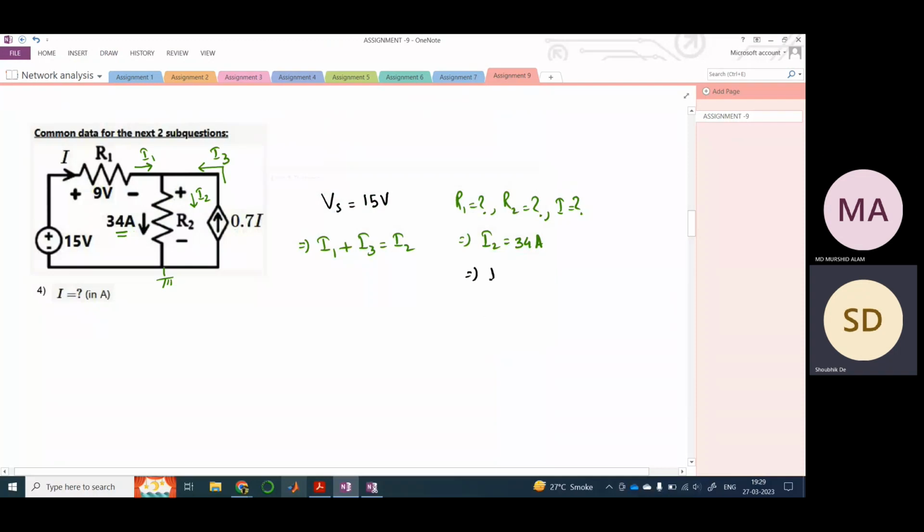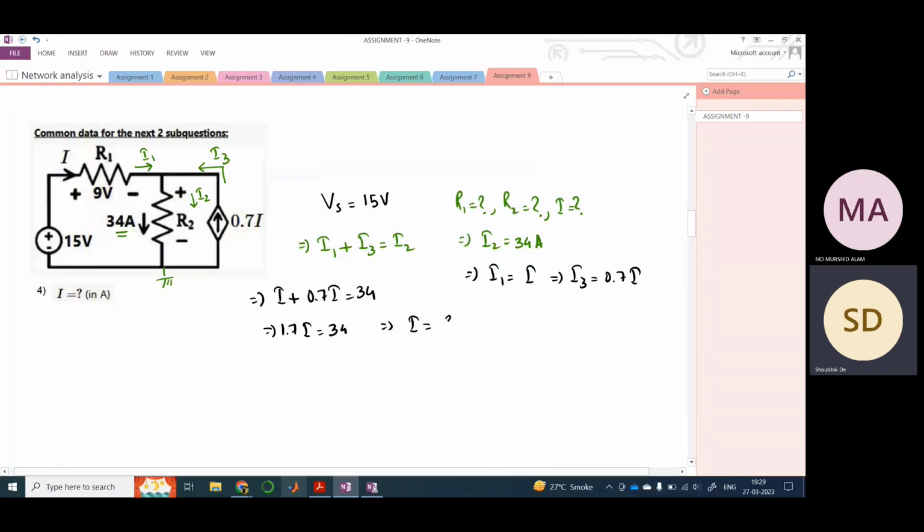So what is I1? I1 is nothing but I, and what is I3? I3 is nothing but 0.7 I, right? So if we just replace the values in this equation, I plus 0.7 I is equal to 34. So therefore this is 1.7 I, and this is equal to 34.